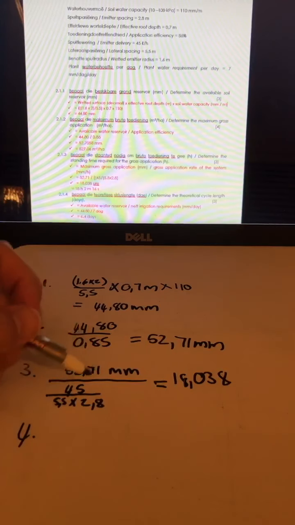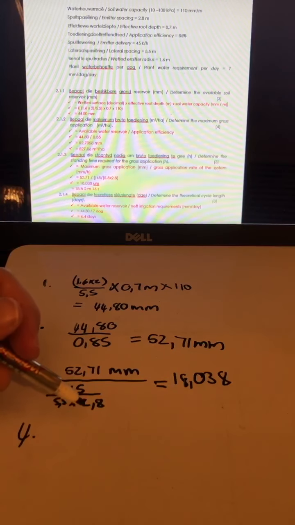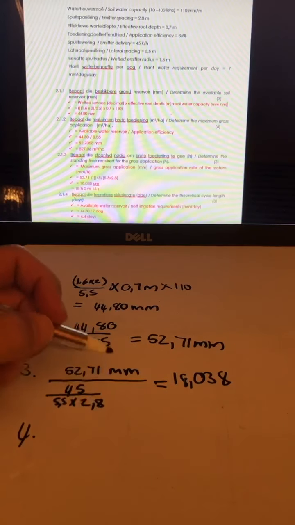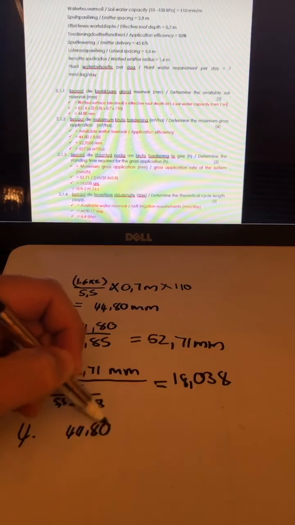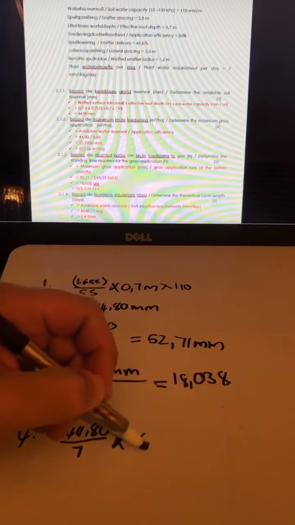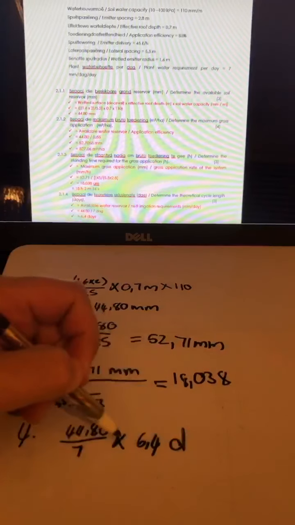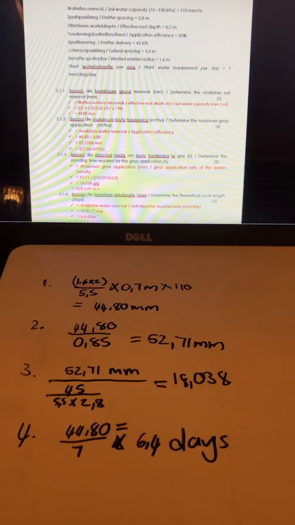If your plant requires 7 millimeters per day, and your available water reservoir is 44.80 millimeters, then dividing it by those 7 millimeters per day will give you 6.4 days. And that is how you do these calculations.